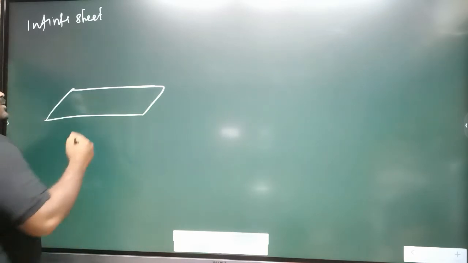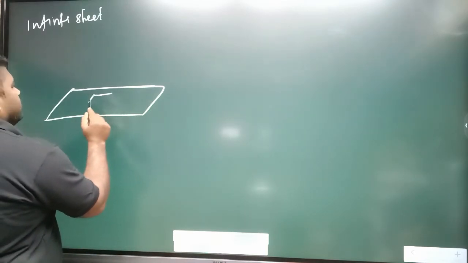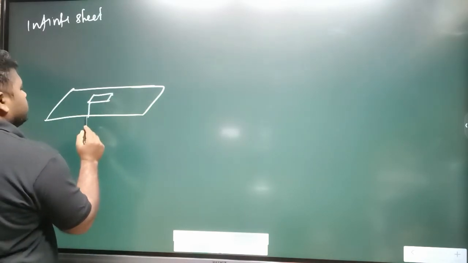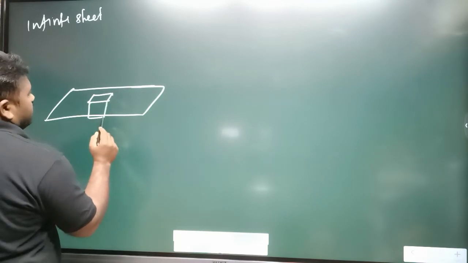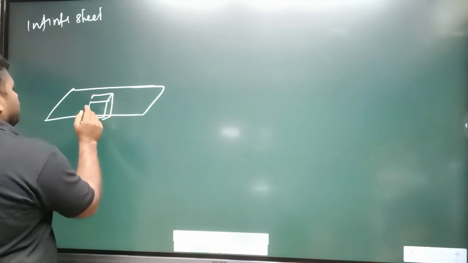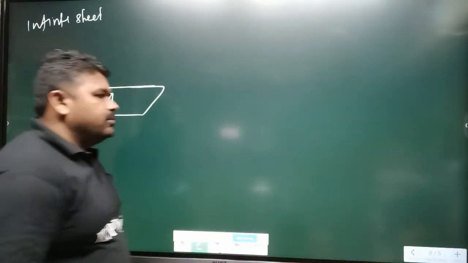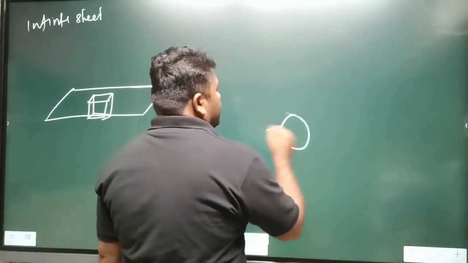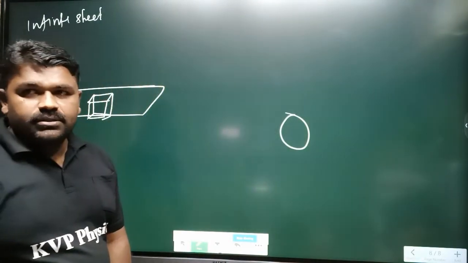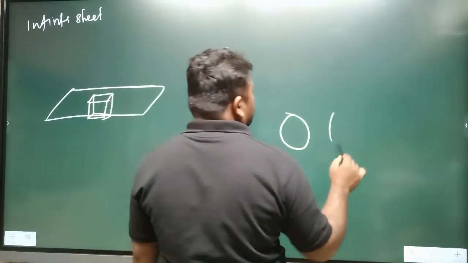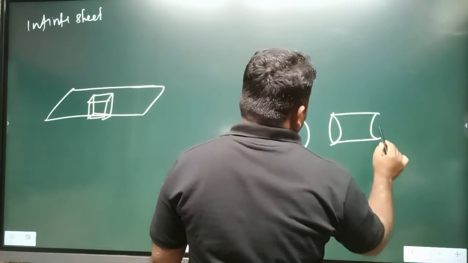For an infinite sheet, we consider a cube. Cubic system means the Gaussian surface is a cube. Sphere, we can take a spherical Gaussian surface. If the system is a cylinder, then we can take a cylindrical Gaussian surface.